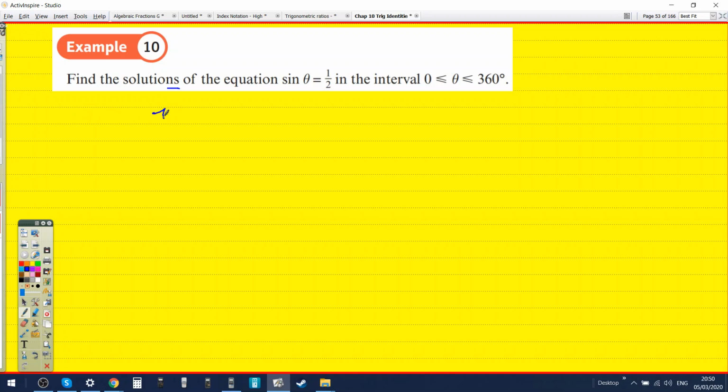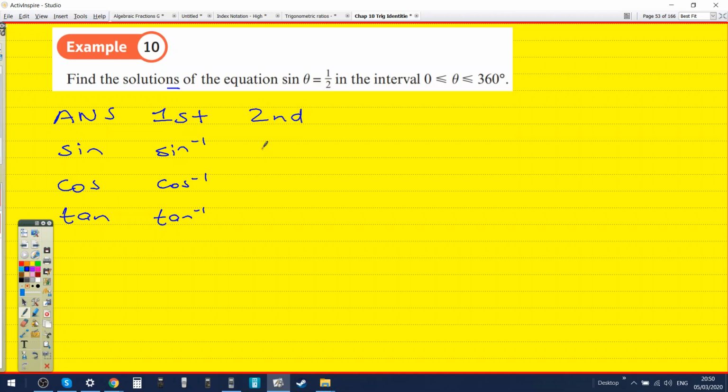Sine theta equals a half, so the first value is theta equals arc sine a half, which is 30.